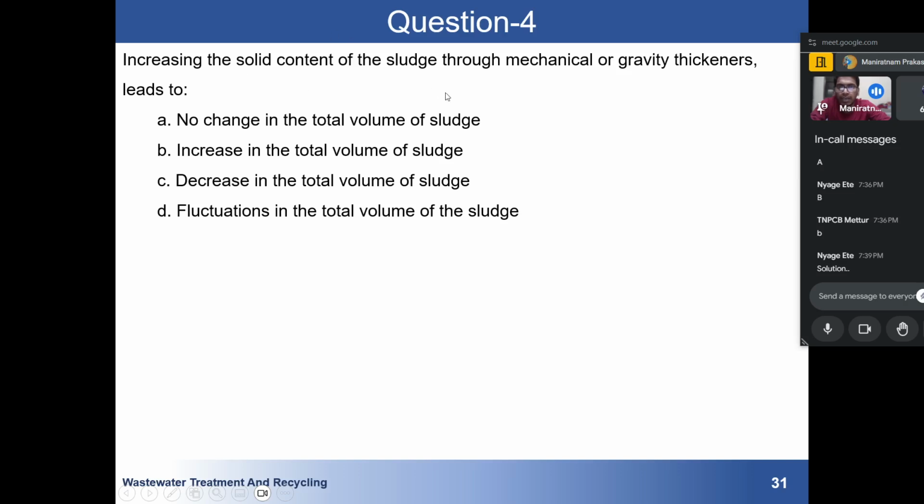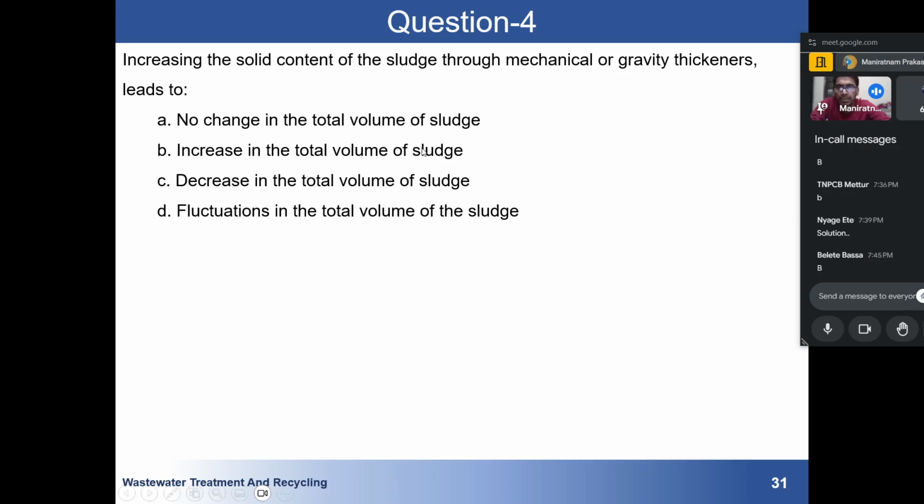Increasing the solid content of the sludge through mechanical or gravity leads to... if we are increasing the solid content, what will happen? Anyone?